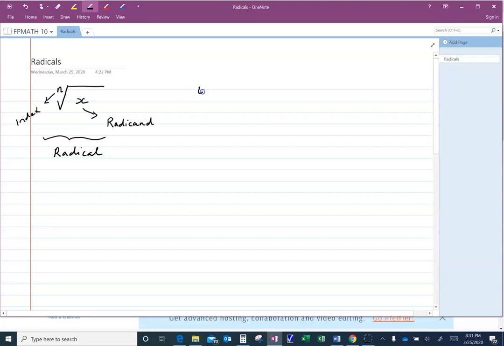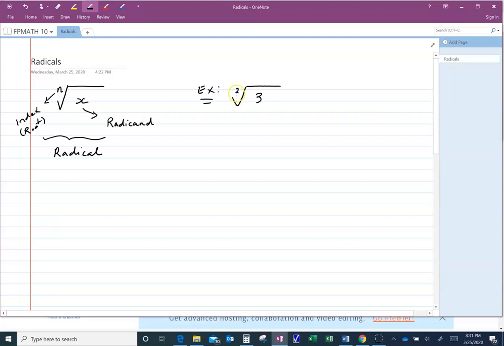As an example, we can have the square root of 3. By convention, the index is also called the root.